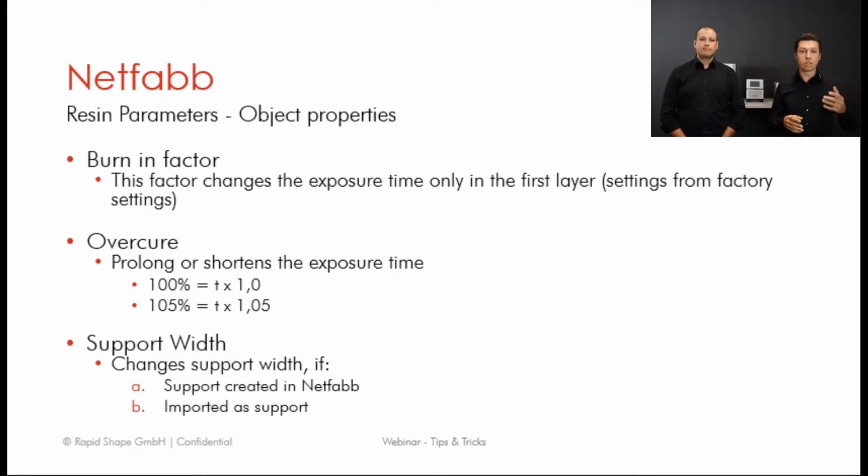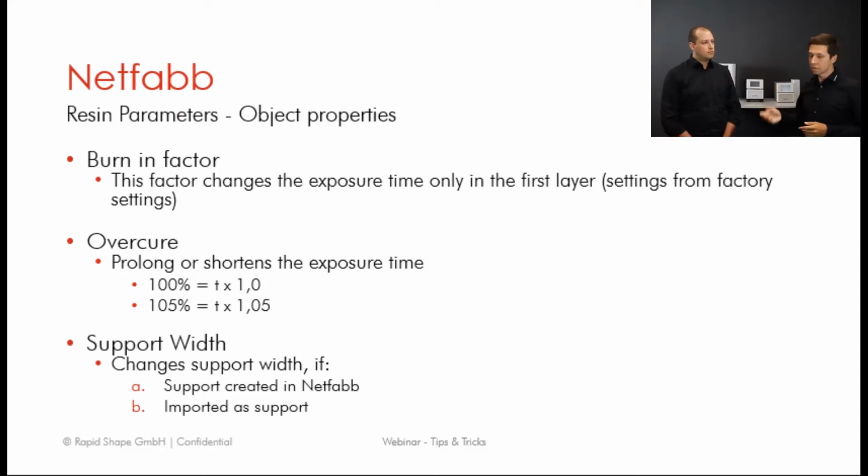So a good adhesion to the platform is what the burn-in factor does. If it's sticking too hard, or not sticking at all, you can change the burn-in factor. But with the sticking, most likely it's a parallelism issue, as we already showed you in the printing troubleshooting webinar.